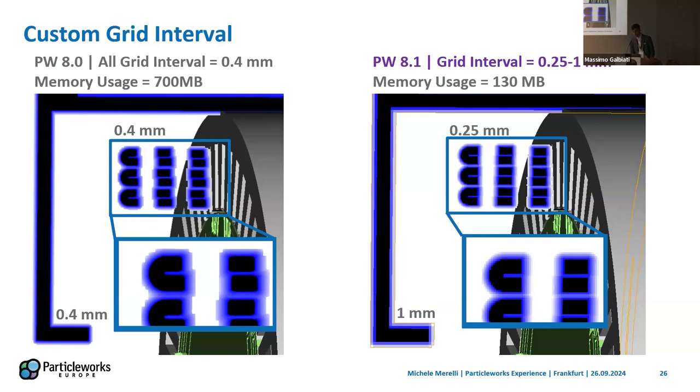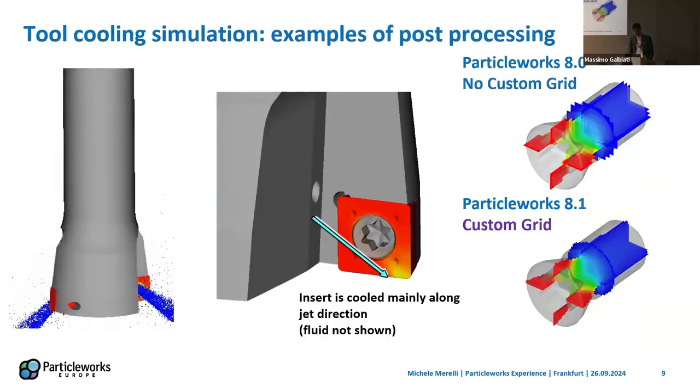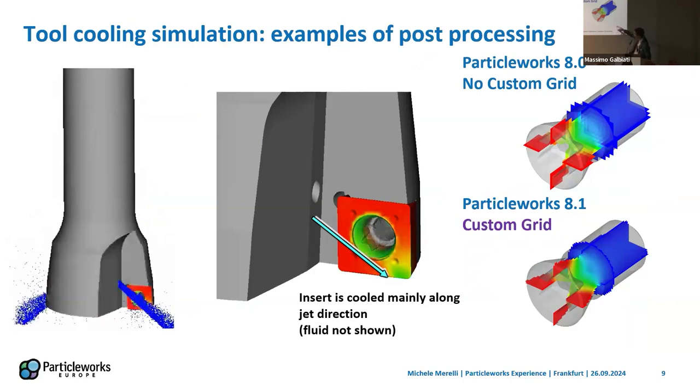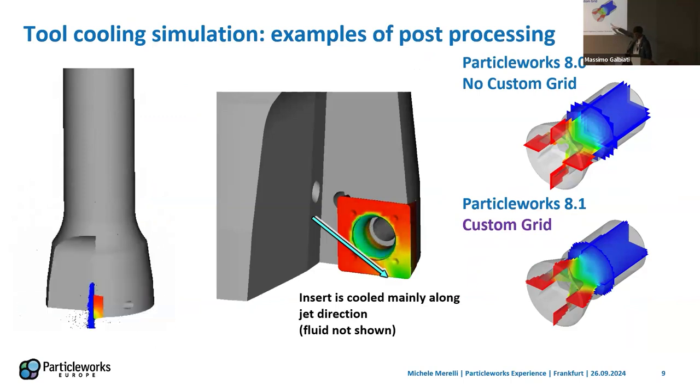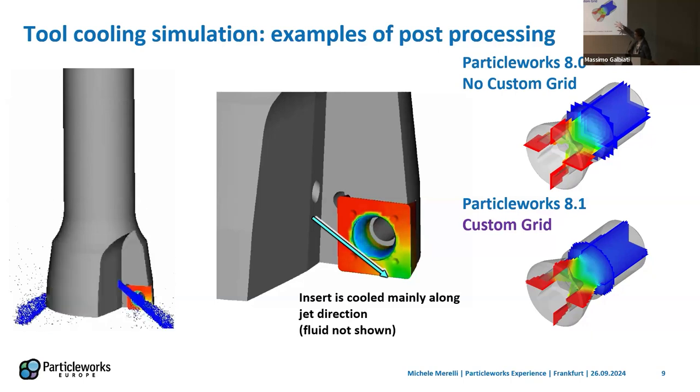And that is very advantageous on the thermal solver, again, because it reduces by a factor of 10 the number of cells for the conjugated transfer analysis. And here is the example applied to our tool. So we can see that the screw here has a way better temperature profile inside, because we are discretizing that element, and only that element, with a smaller grid.